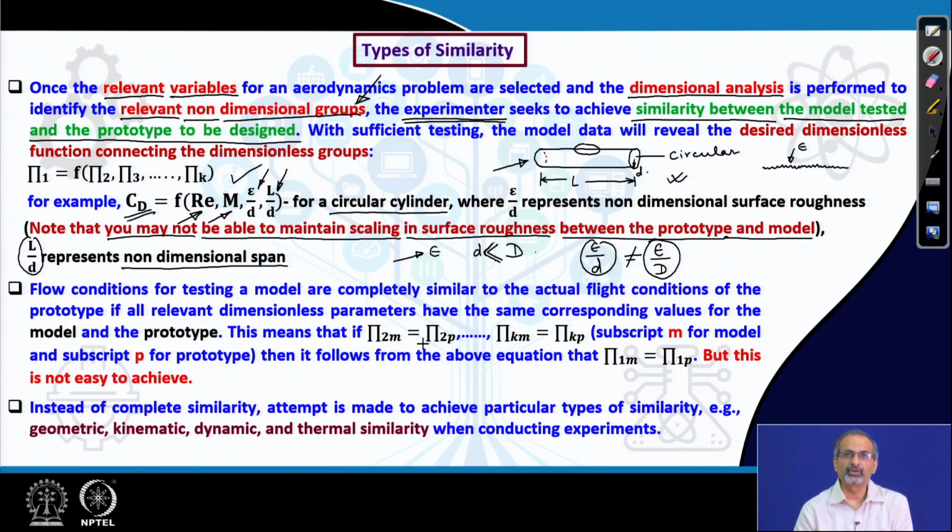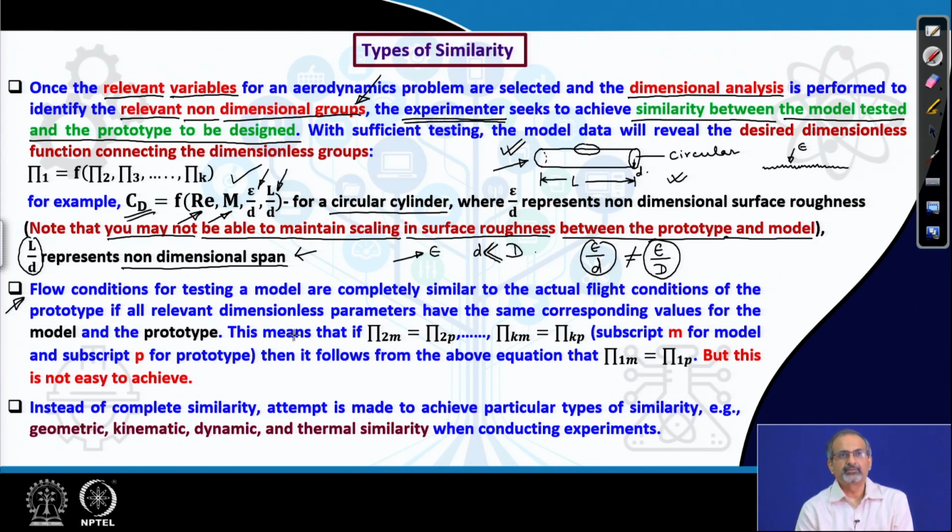Further, the prototype may have other features on its surface which may not be exactly replicable on a much smaller scale in the model with perfect accuracy. So, there is therefore a lot of mismatch between the model and the prototype. So, this is the real world scenario.